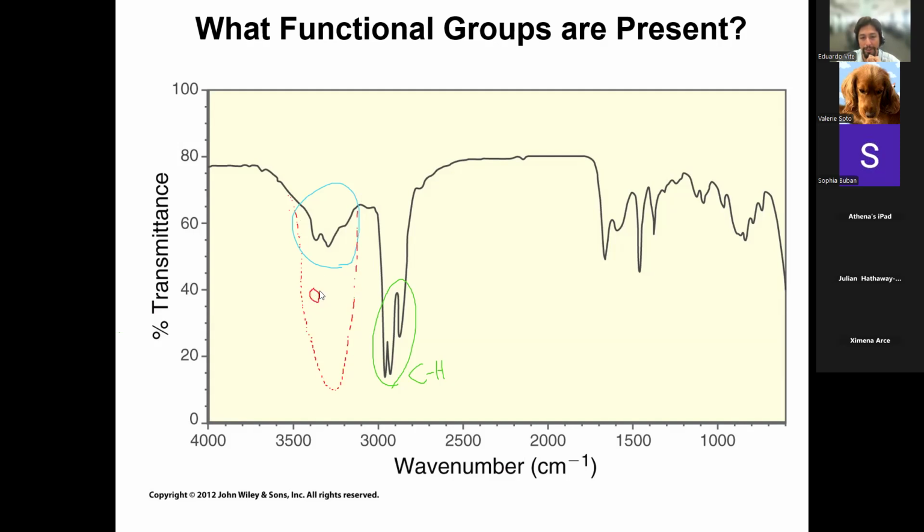Very iconic OH stretch. Since we do not see it, it cannot be an OH. So what else is polar that is similar electronegativity that can give you both of those peaks? What else could it be? And again, this is all you. You guys have to tell me.